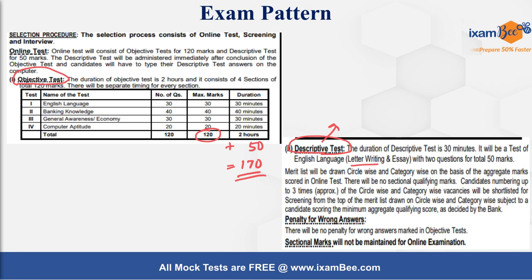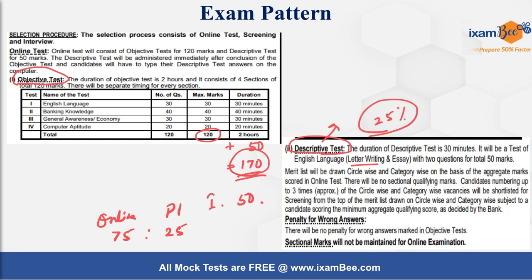So your online test would be of 170 marks, and then the interview is going to be 50 marks, and online written exam and personal interview weightage is going to be 75 is to 25. So the weightage of descriptive English is approximately 25-26% in your final selection.